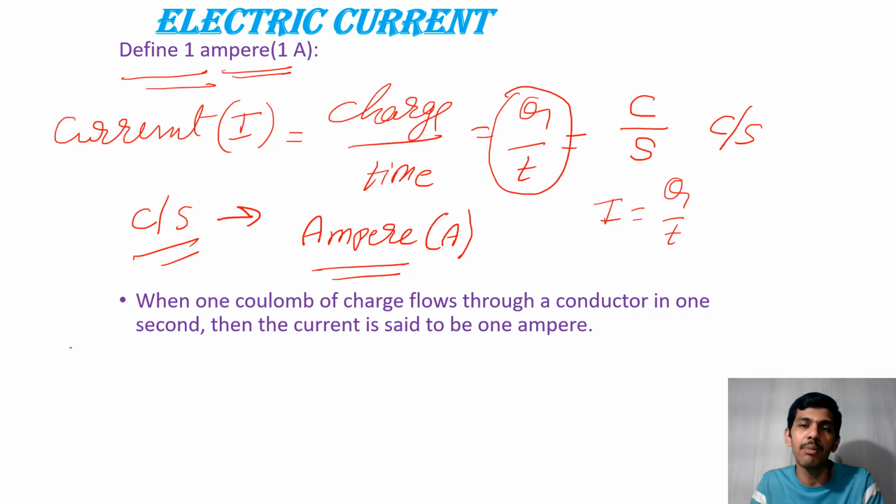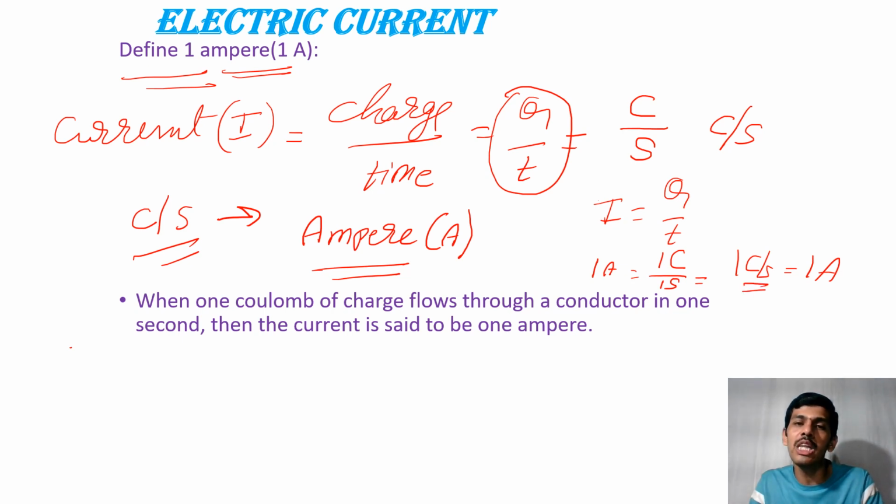Say, for example, I will be equal to 1 when Q is 1 coulomb, and that 1 coulomb of charge should flow in 1 second. Then it becomes 1 coulomb per second, which is equal to 1 ampere.